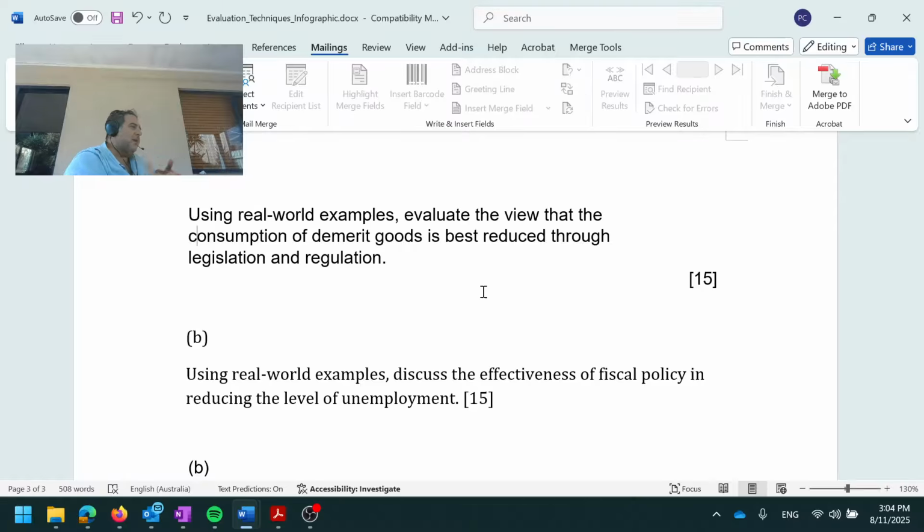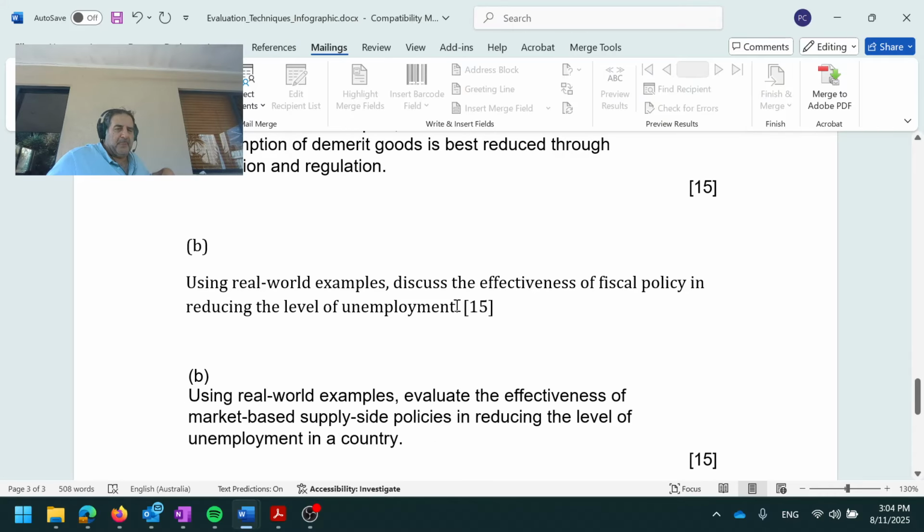So it might be looking at market-based solutions or providing a public information campaign that encourages people to reduce their demerit good consumption. So whatever the real-world example is, that's the way you approach it.